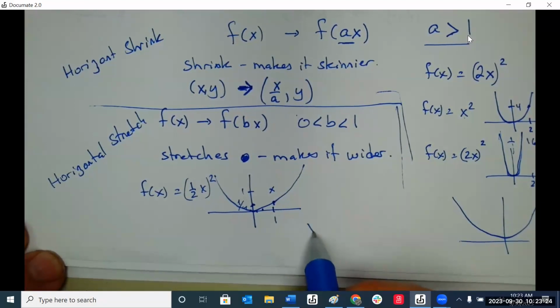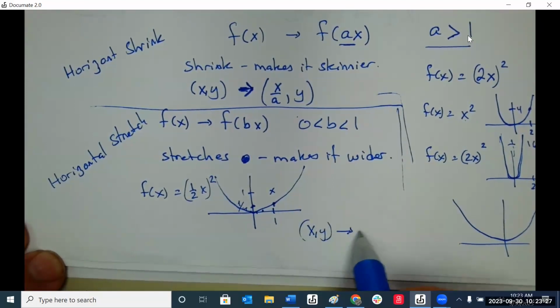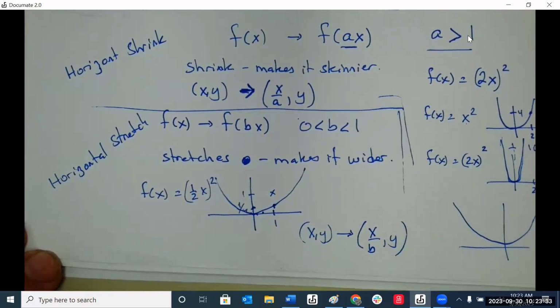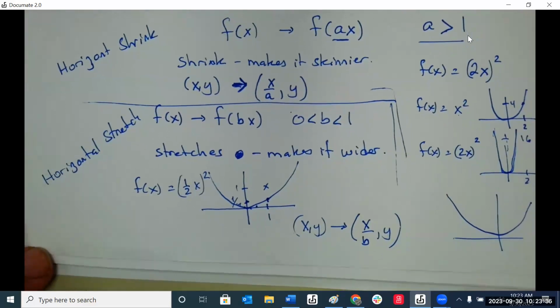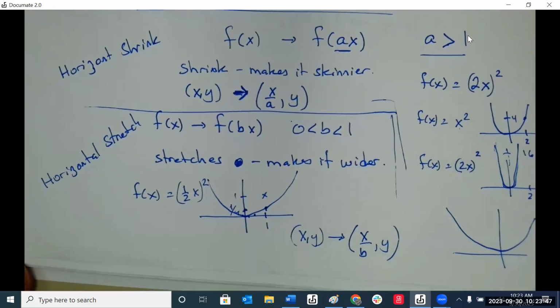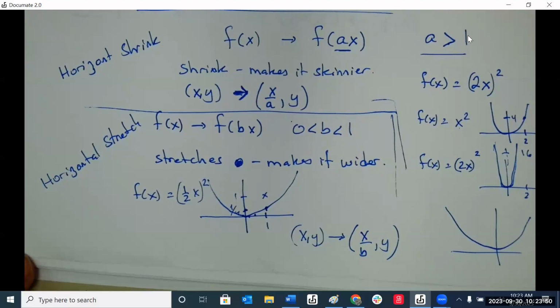It says this one changes your point x, y to x over b, y. Yeah, you just have to play with those. You have your template, and just play around with it.